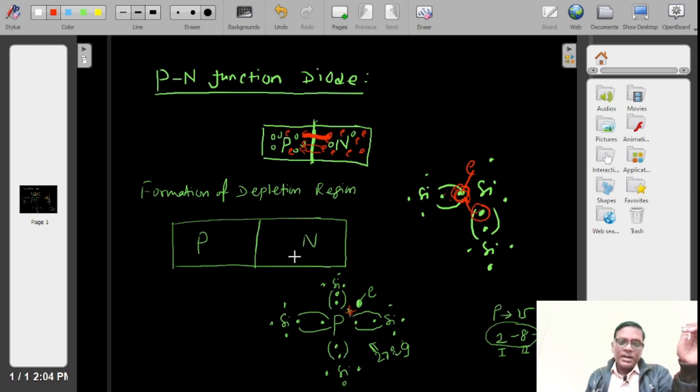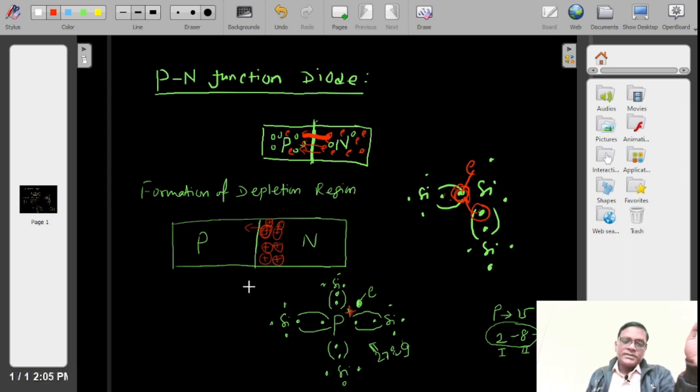The same phenomenon happens here. The electrons move from this region to another region, that is, the ninth electron of phosphorus. So one positive ion gets formed here. Similarly, once another electron is released from the n side, another positive ion forms. Once the electron is out of the atom, it converts that atom into a positive ion.